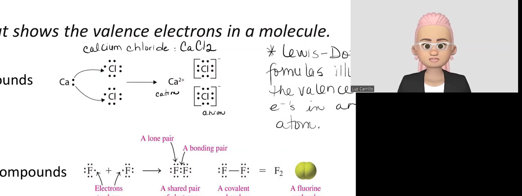This is how we illustrate how calcium transfers its electrons to chlorine. Please remember to review how we form ionic compounds from part 1 of this video series, in order to review how this illustration for an ionic compound actually comes to life.